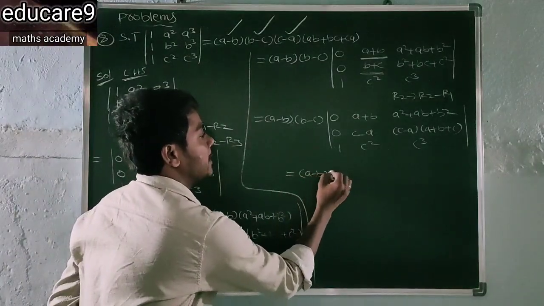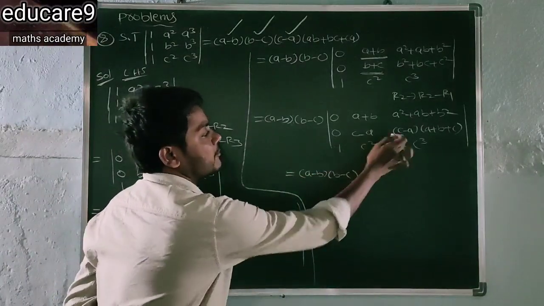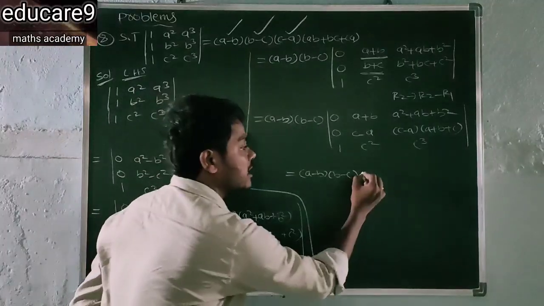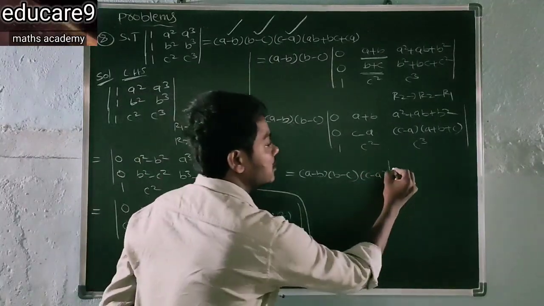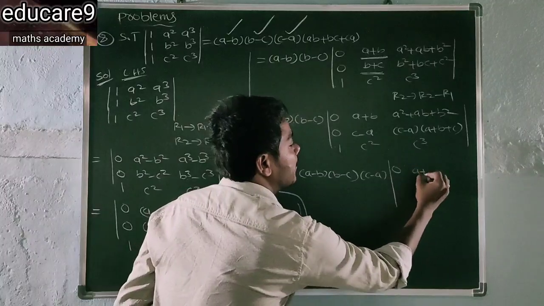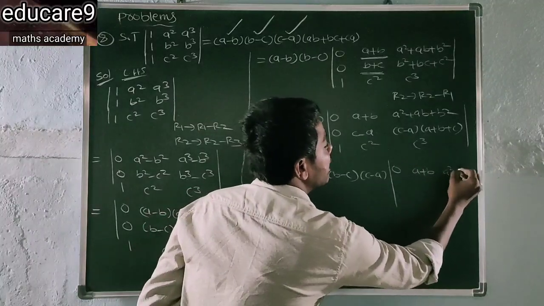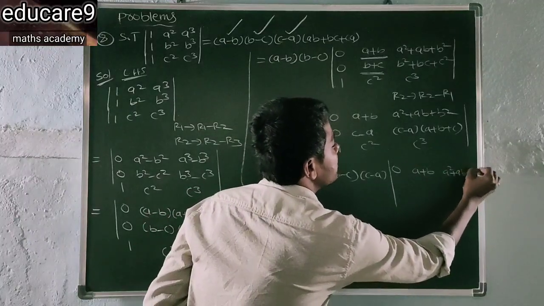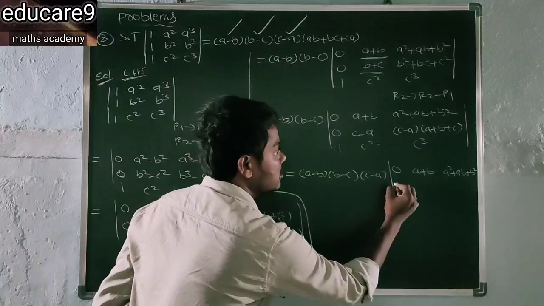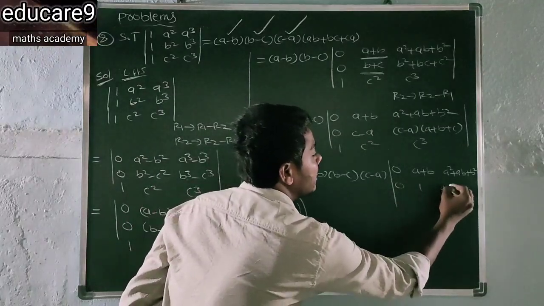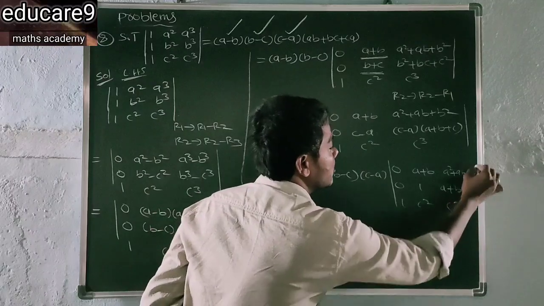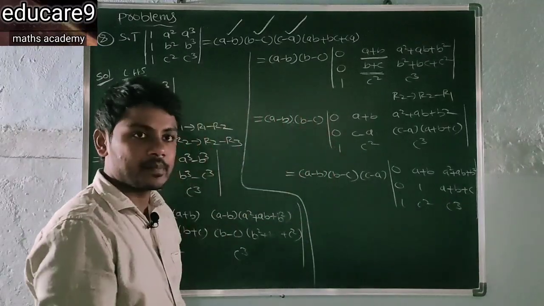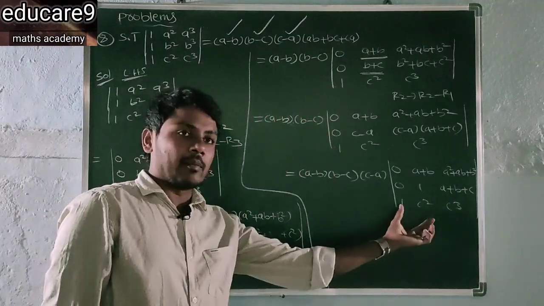A minus B, B minus C. So from second row C minus A is common. So you will get 0, A plus B, A square plus AB plus B square. Next one, 0, 1, A plus B plus C. Next 1, C square, C cube. Okay. Now find this determinant.